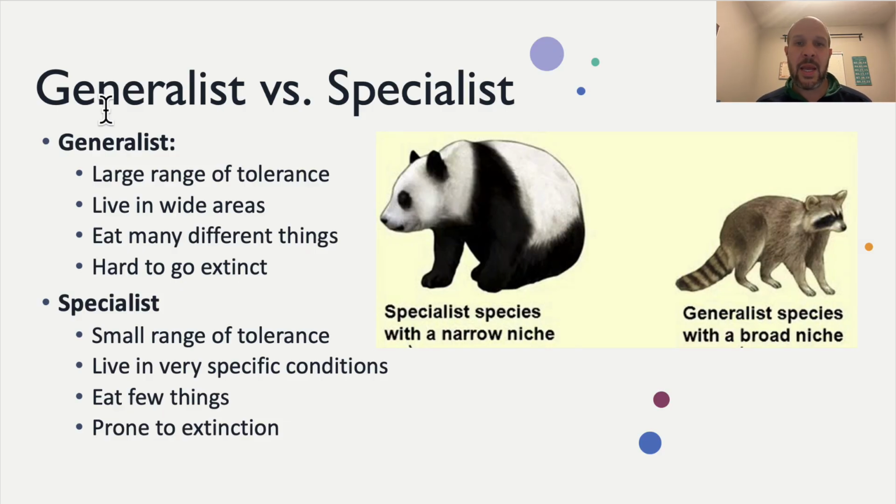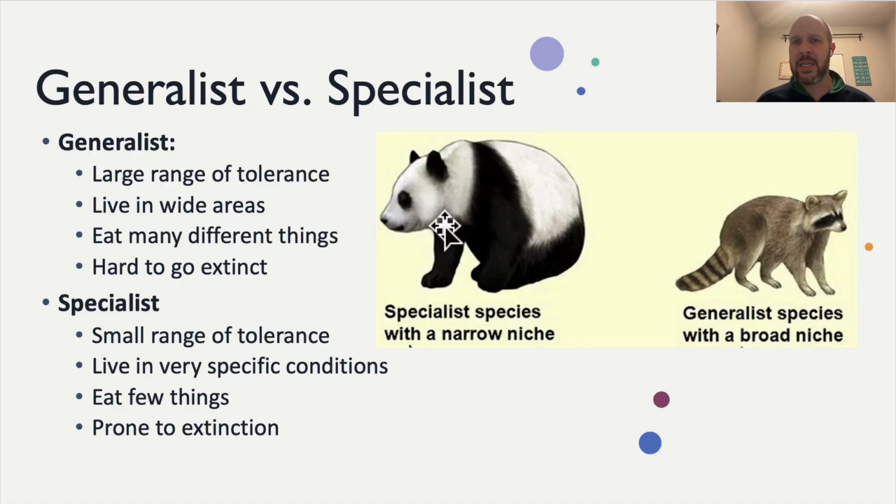Whereas the panda is the quintessential specialist in that it only eats one type of food and it only lives in one area in China. And so if that ecosystem becomes under stress or changes, maybe there's a loss in bamboo, or their ecosystem gets too warm or too dry, you can drive the panda to extinction.